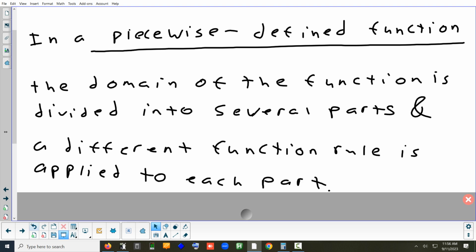So the domain is split into several parts. Like my last example, it would be numbers under 18 and then numbers 18 and higher. That's the split. And then depending on what number you get, you plug it into the correct formula. Either you get the child price or the adult price.